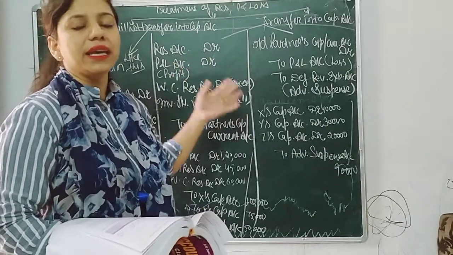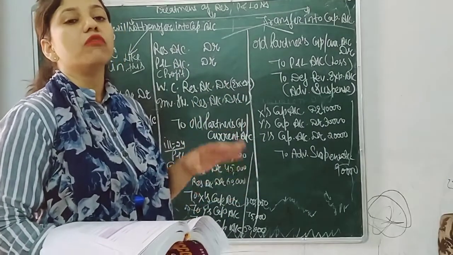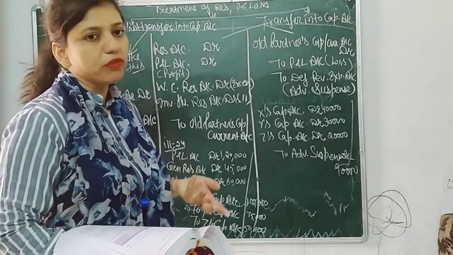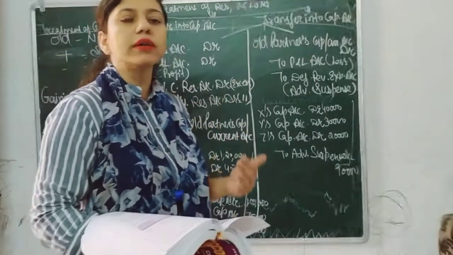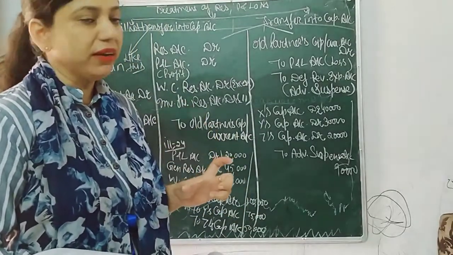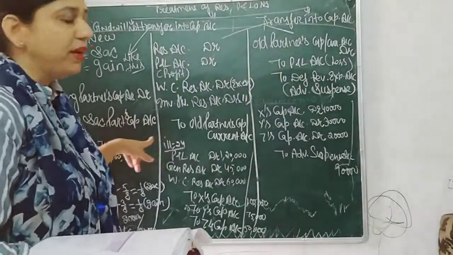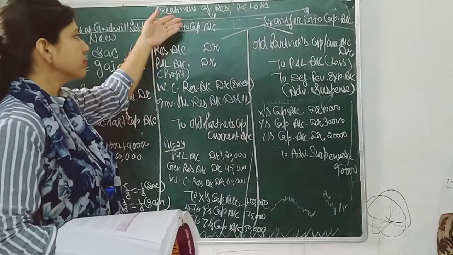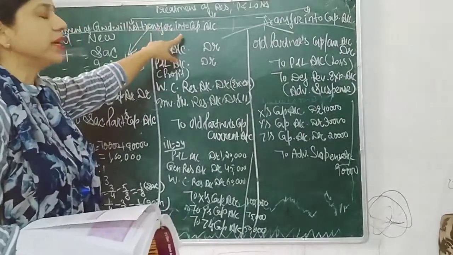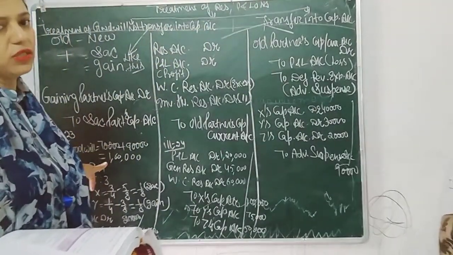That means gaining partner's capital account debit to sacrificing partner's capital account with net effect. What is the meaning of net effect? It means add all reserves and profits and subtract losses. So if these are not transferred into capital account, the treatment is the same as goodwill.